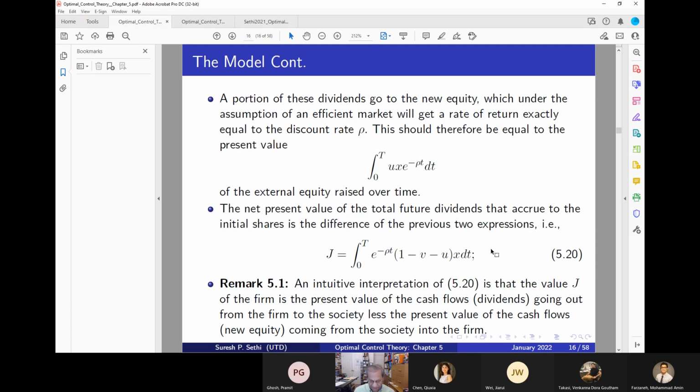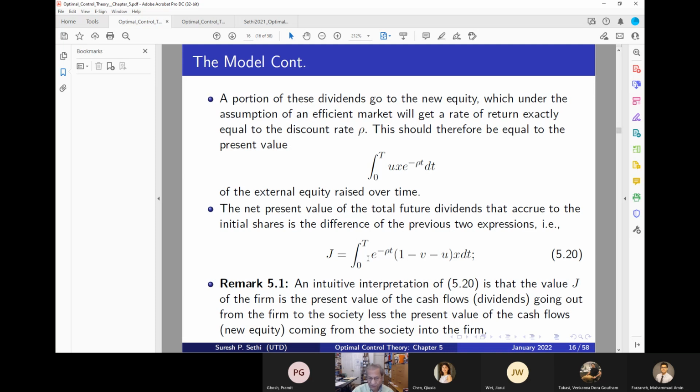Now, if that's all they did, it would be fine. But what they tried to prove is using Miller-Modigliani, and that's where they made a mistake. And it can be done. That's the subject of my MM papers, which I don't get into here because that's getting into finance, not optimal control.